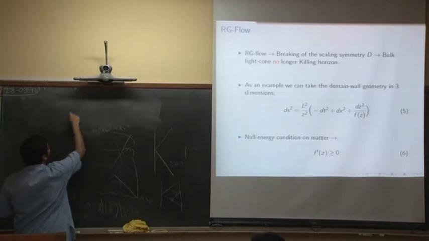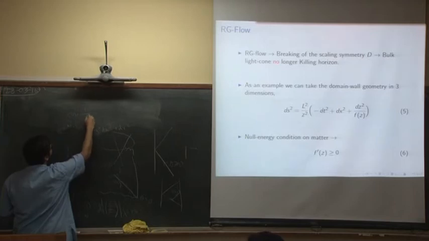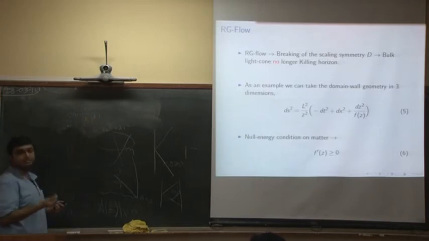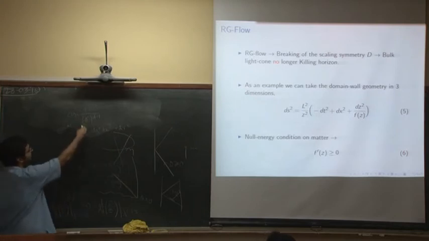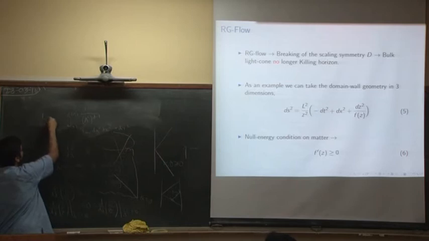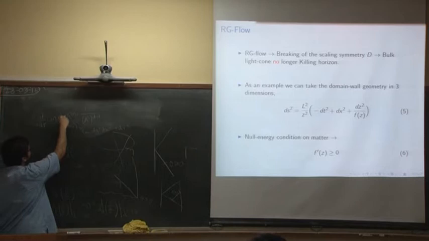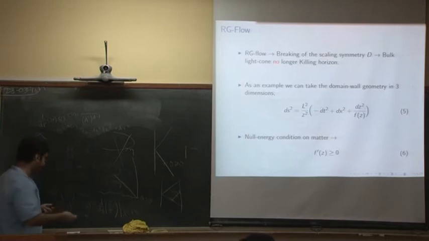Then they define a c function like this, with A prime to the power d minus 1, and prove that dc/dr is less than or equal to 0, because this turns out to be proportional to the null energy combination.